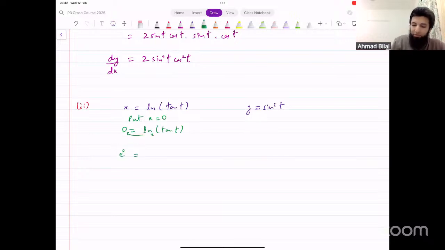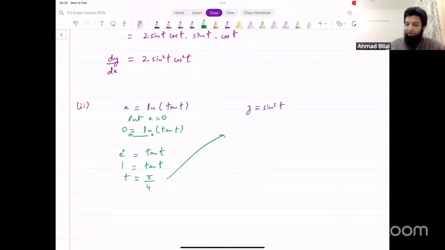So e power 0 equals tan of t. What's e power 0? E power 0 is 1. 1 equals tan t. Find tan inverse of 1. Remember, you always use radians here. Never use degrees. Always use radians. The value of t turns out to be pi over 4 for this.